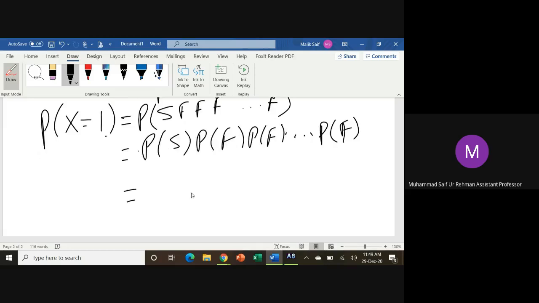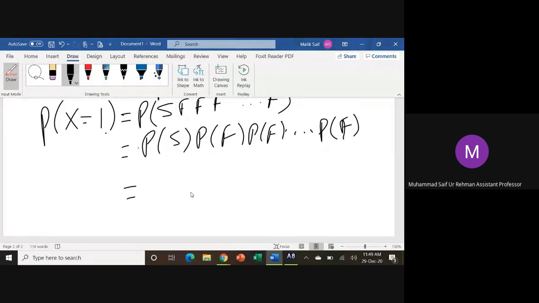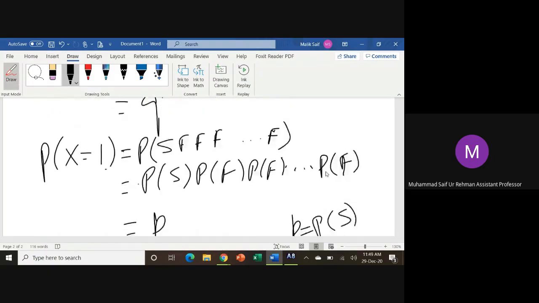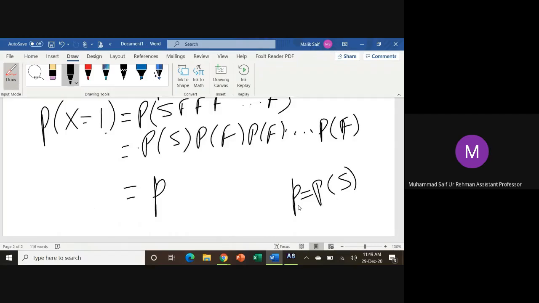Now the probability of success, I'm going to denote it with small p. So let us say p is equal to probability of success, and as I had denoted, probability of F is equal to Q. Q is there for n minus 1 times, because the total trials are n.